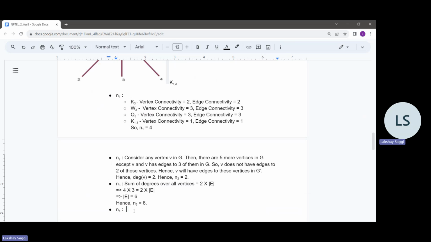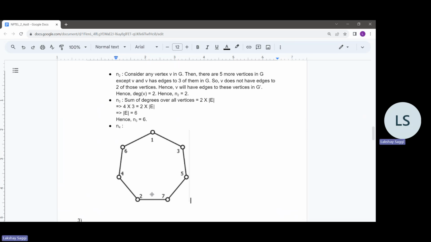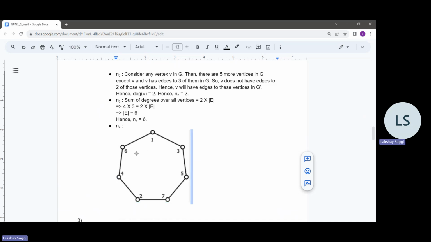C7 is nothing but a cycle on 7 vertices, but nonetheless, I guess I should show. So yeah, this is a C7 graph. Although the numbering is a bit wonky, you can just consider numbering as 1, 2, 3, 4, 5, 6, 7, or the image which I have shown here consists of numbering of, let's say, 1, 2, 3, 4 in this manner. It doesn't matter how you number the vertices, but essentially C7 is nothing but a cycle of 7 vertices.